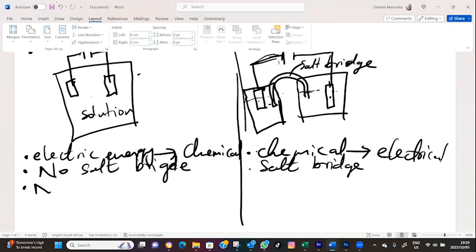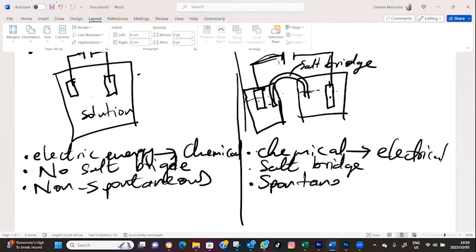This one is non-spontaneous, meaning it cannot initiate itself, but it needs energy, and that energy is supplied by the battery. And this one is spontaneous. The chemicals react so that they produce electricity by themselves.